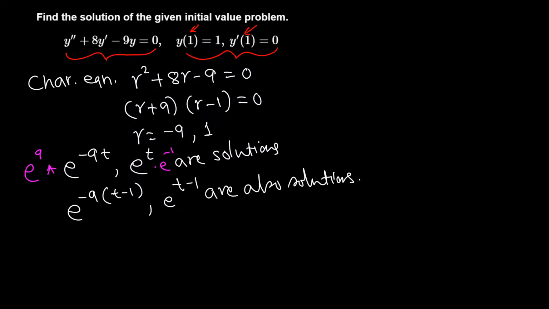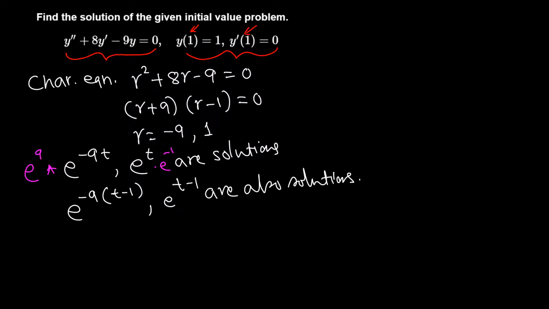And by the way, here the point is 1, so the way we wrote 9t would work best when we had 0 here. With this 1, when we plug in 1 here, 1 minus 1 is 0, here 1 minus 1 is 0. That's why I'm writing t as t minus 1.